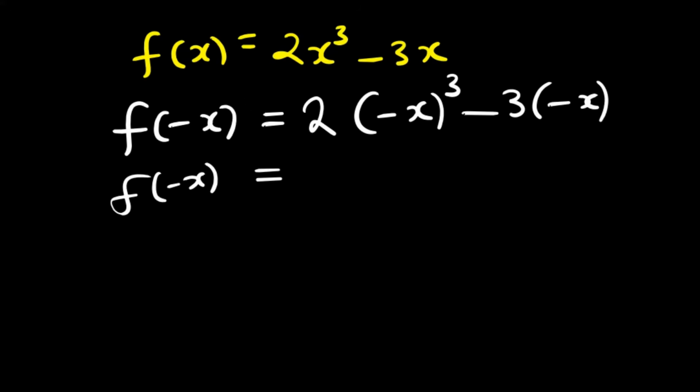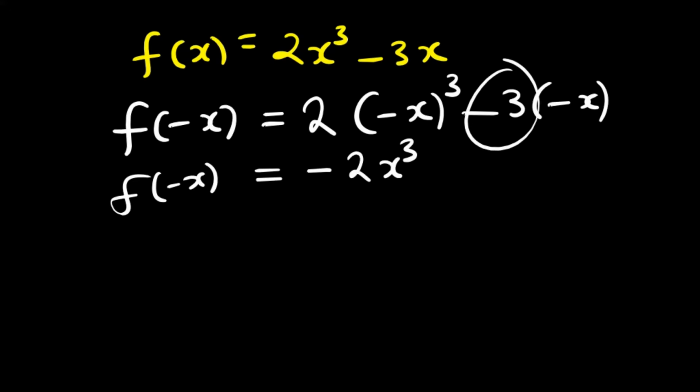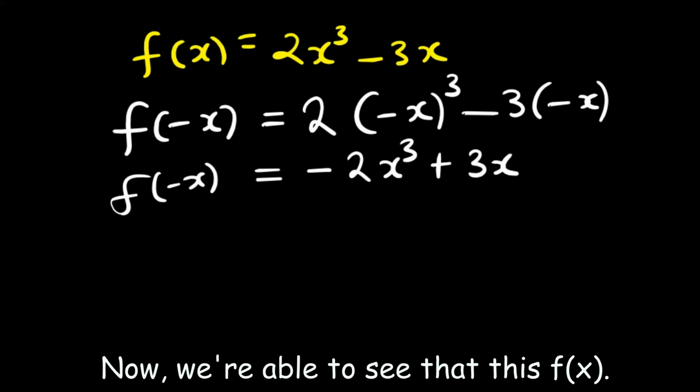Negative x to the power 3, you know that it is just going to give me a negative. So in this case, I'm going to have negative 2x to the power 3. Then negative 3 multiplied by negative x will give us positive 3x.